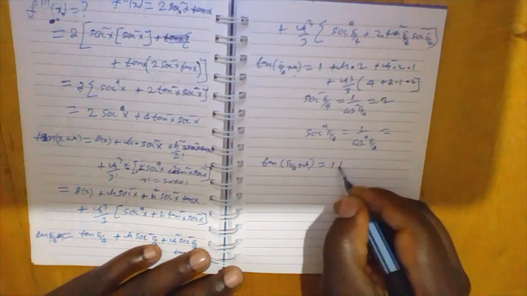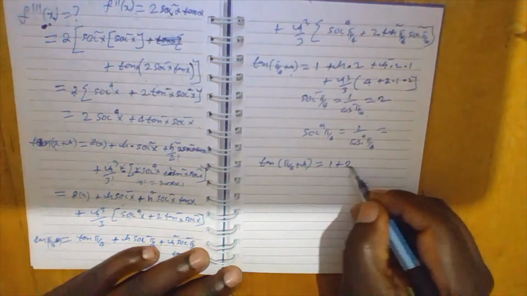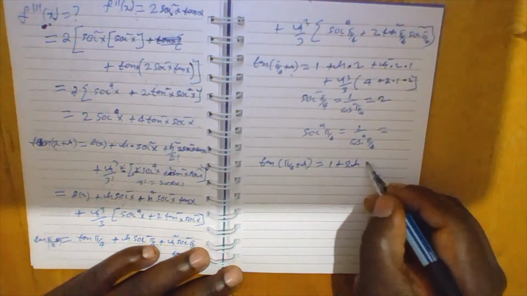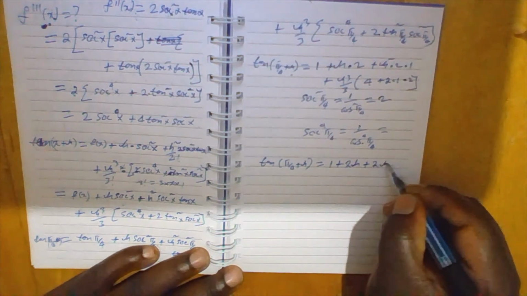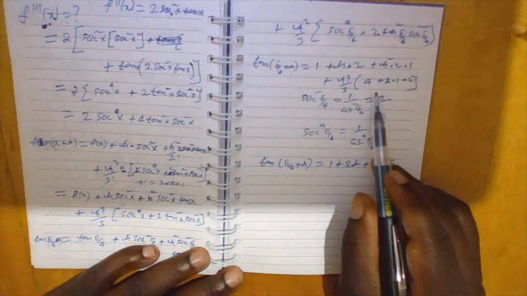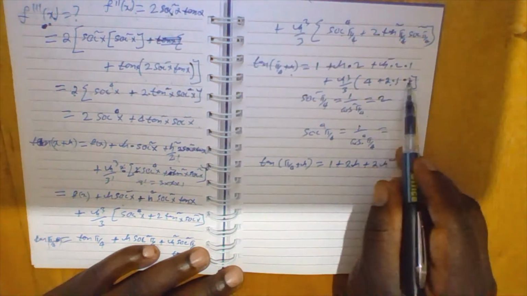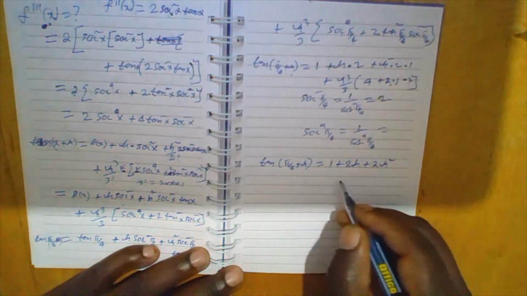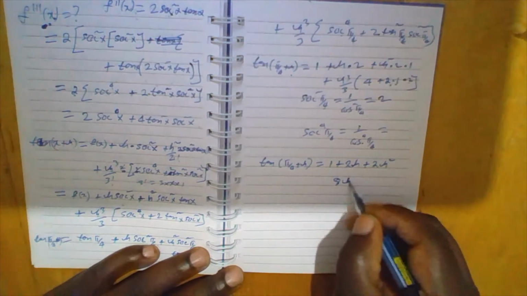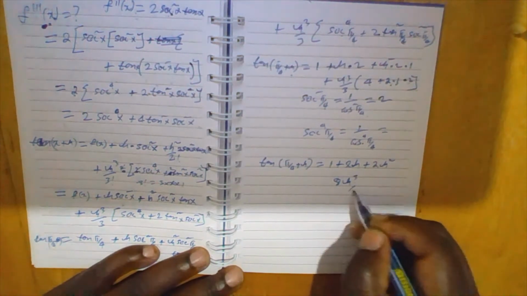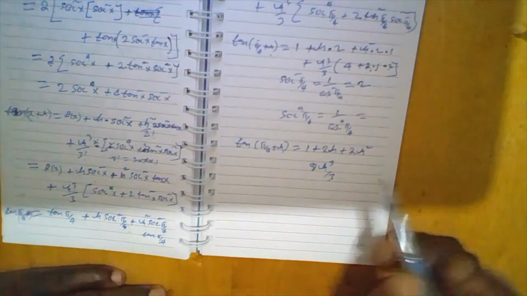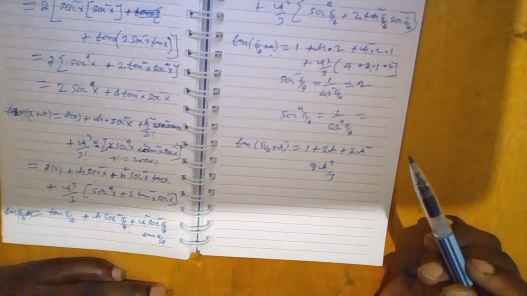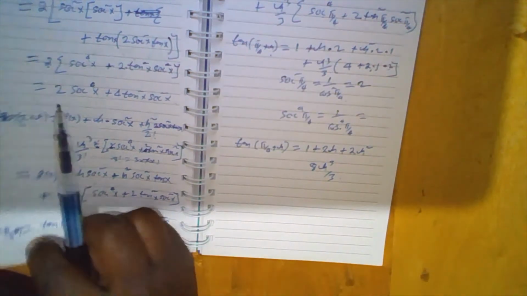So we shall have 1 plus 2h, then plus 2 times 1, we have 2h squared, and then 2 times 1 times 4 is 8, so plus 8h cubed all over 3. So at this point we have expanded.